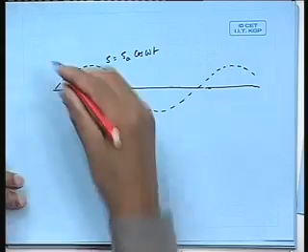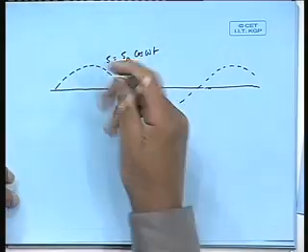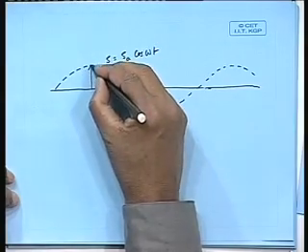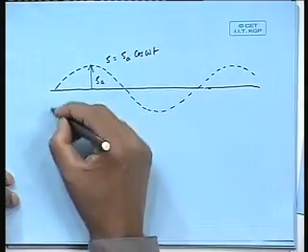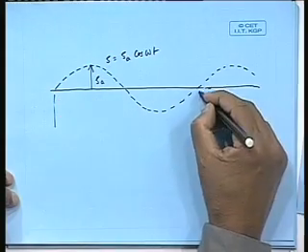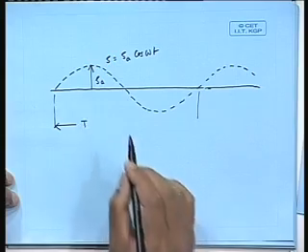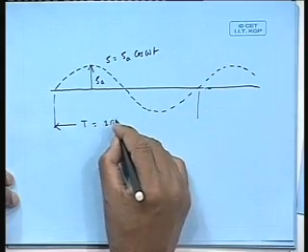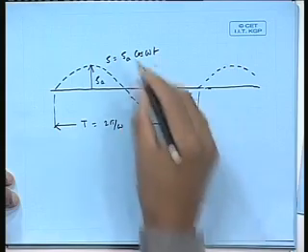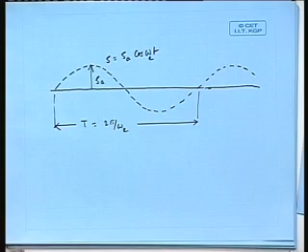Here you see this diagram: this is my amplitude xi_a, and this is my period T, equal to 2 pi by omega. Strictly we should use omega_e and T_e, but whatever the period is, I am using this way.